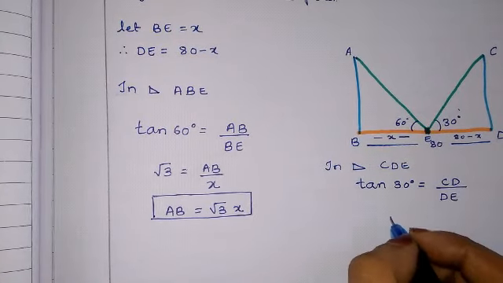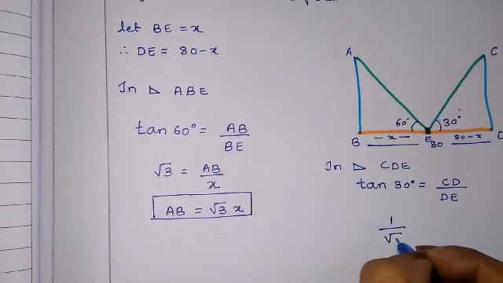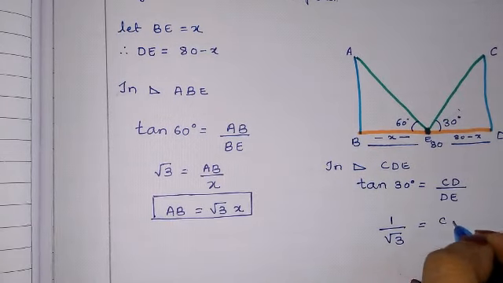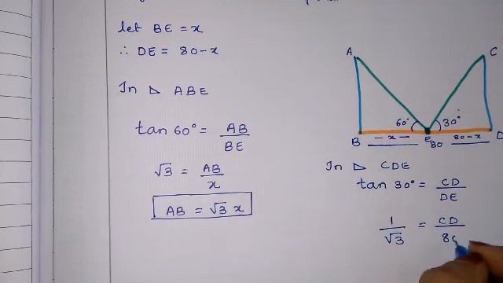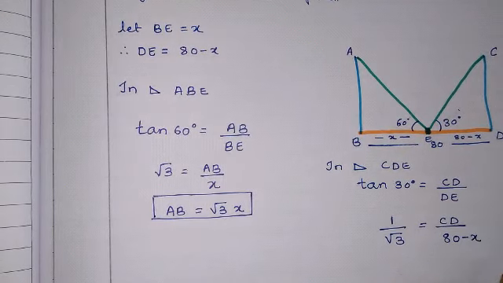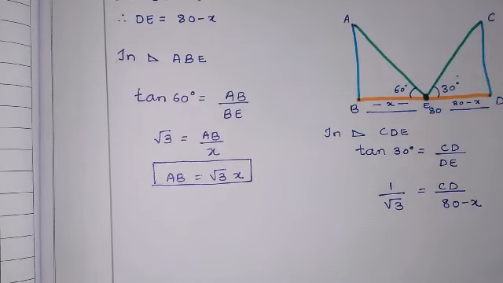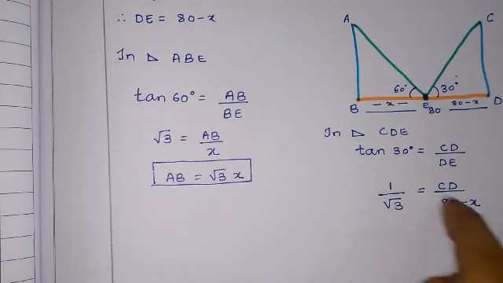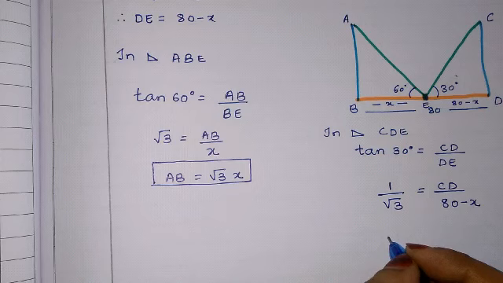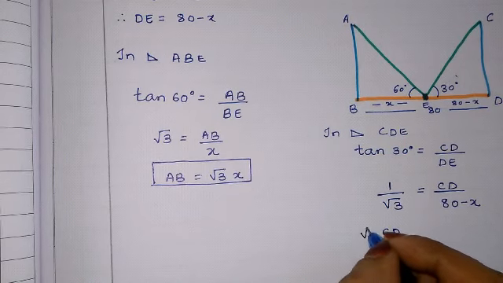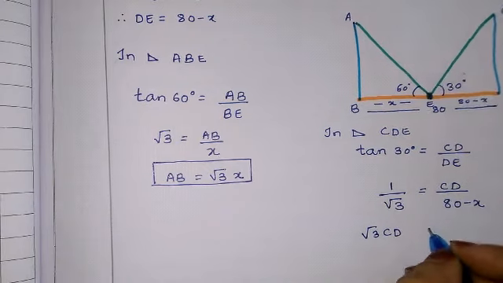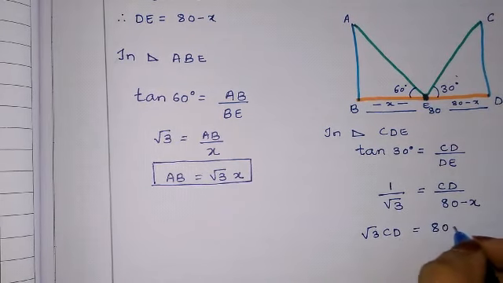Tan 30 is 1 upon root 3. CD we don't know, upon DE, 80 minus x. Now root 3 CD is equal to 80 minus x, if we multiply.